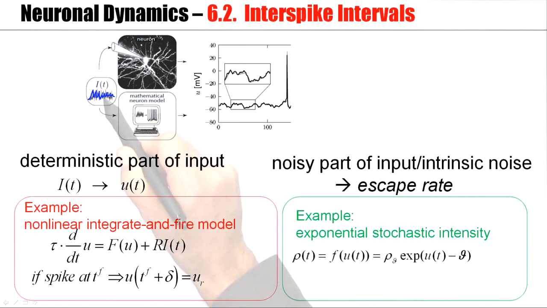Now, if this is a deterministic signal, then this gives rise to a membrane voltage of the model. For example, in the nonlinear integrate-and-fire model, this is where we inject our current, we integrate this up, we generate spikes with our stochastic process, and afterwards we restart at the reset potential UR.